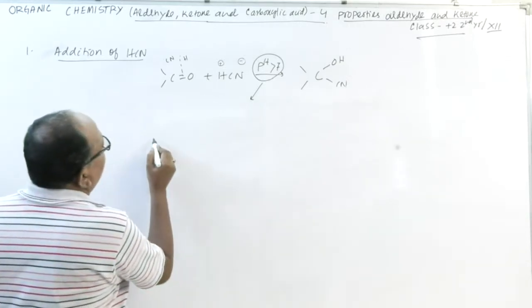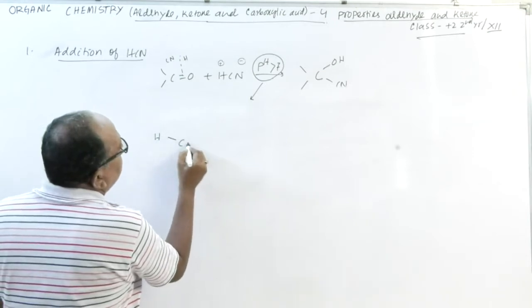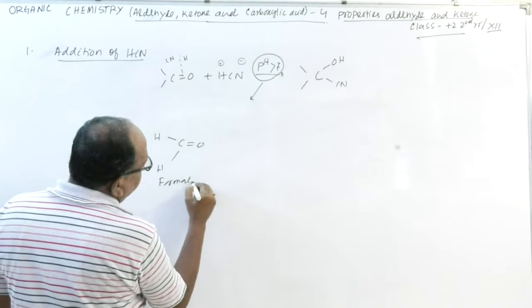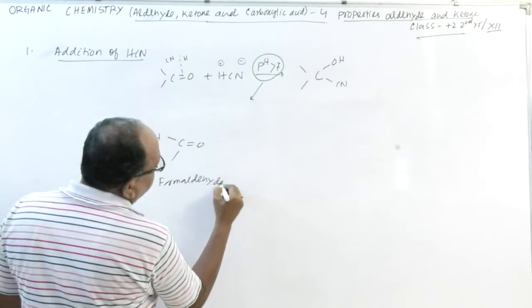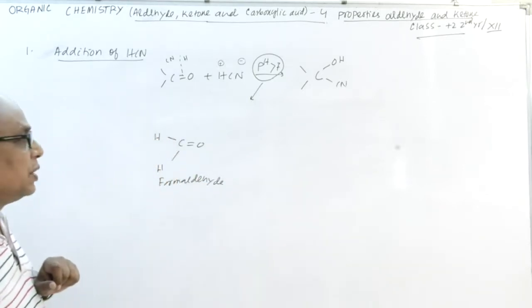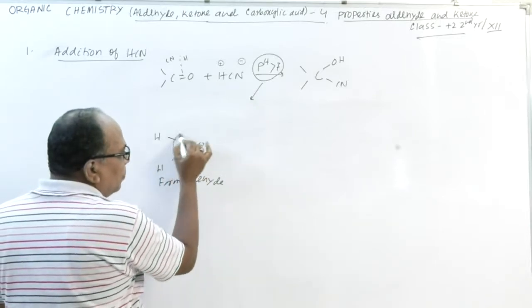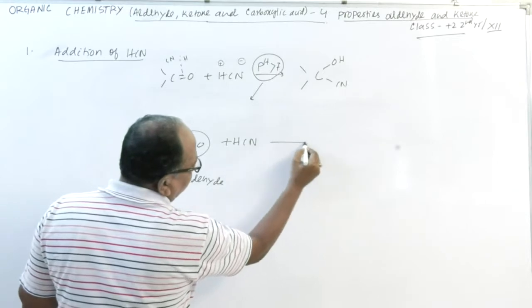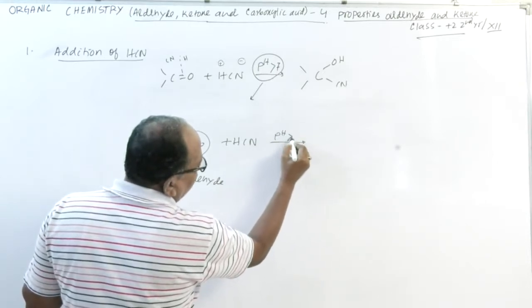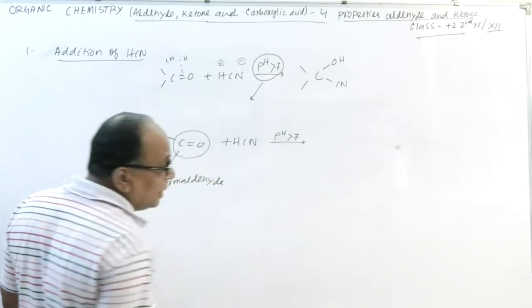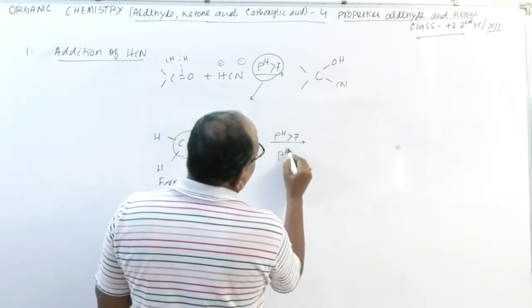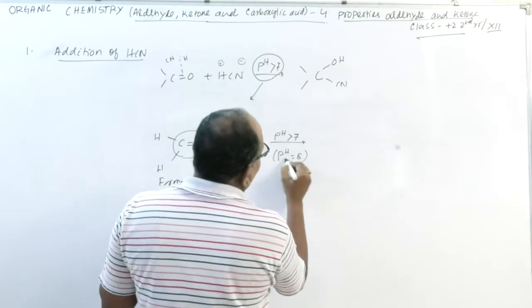So now, how does HCN react? Suppose you take formaldehyde. In formaldehyde, this is your carbonyl group. You are adding HCN at pH greater than 7, or slightly basic in nature, or maybe pH equal to 8.